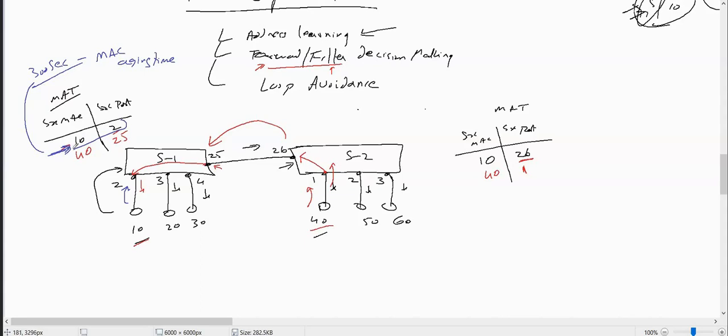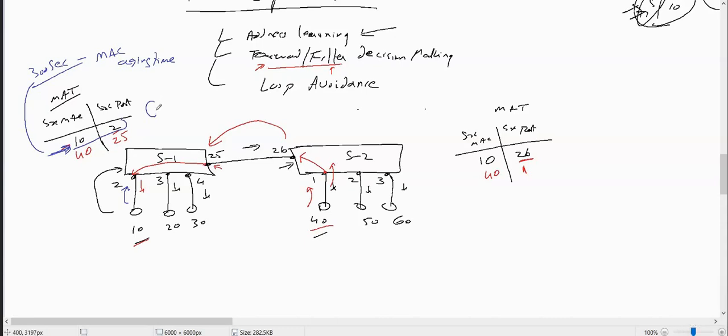So what happens is the moment I learn this MAC address, example 10 on port number 2, the next time I get a frame, first of all, let me tell you this. As soon as I learn this MAC address, my timer starts counting down like 300, 299, 298, and so on and so forth. Second frame I receive, again I will learn it and reset the timer to 300 seconds.